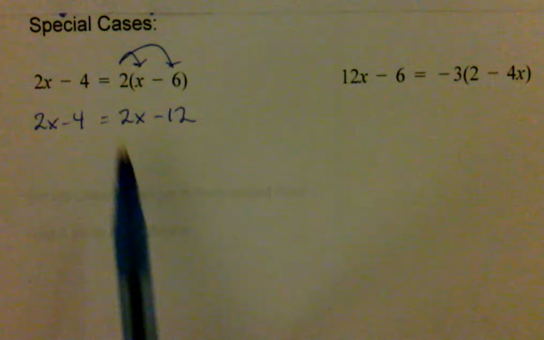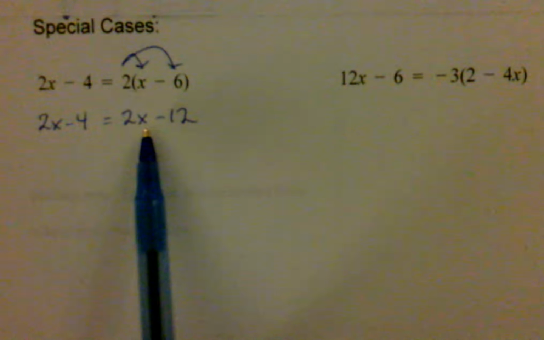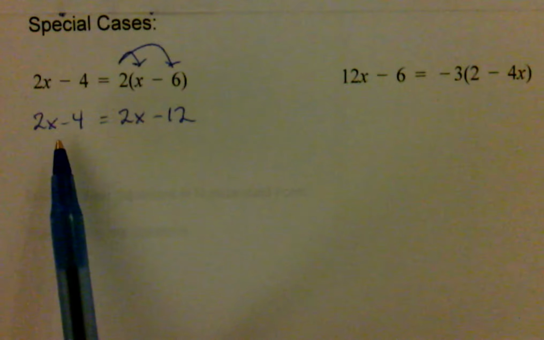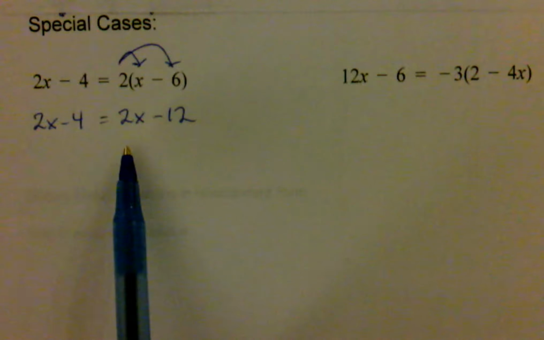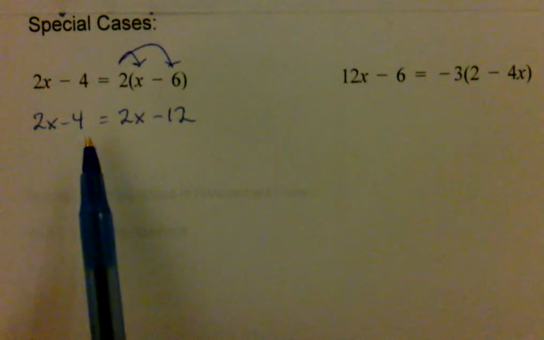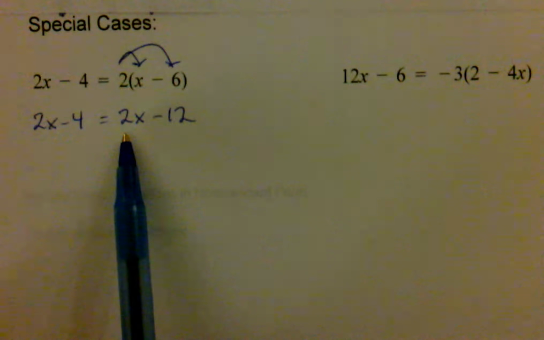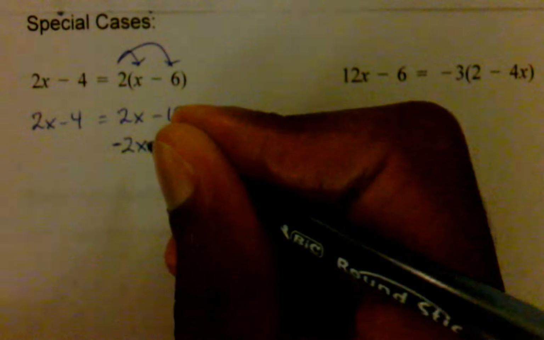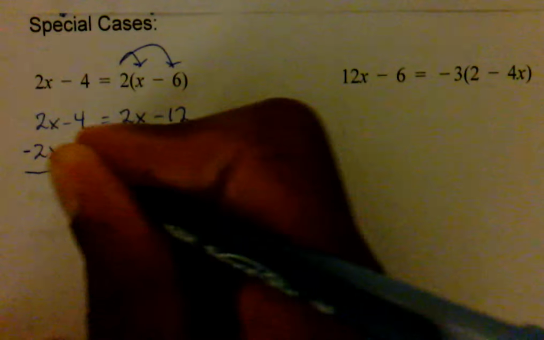That's my distributive property: multiplying 2 by x and 2 by negative 6 leaves me with 2x minus 12. Now, as before, I want to get all my variables on one side and all of my numbers on the other side. So I'm going to subtract 2x from both sides. To keep my equation balanced, I need to do the same thing on the left.